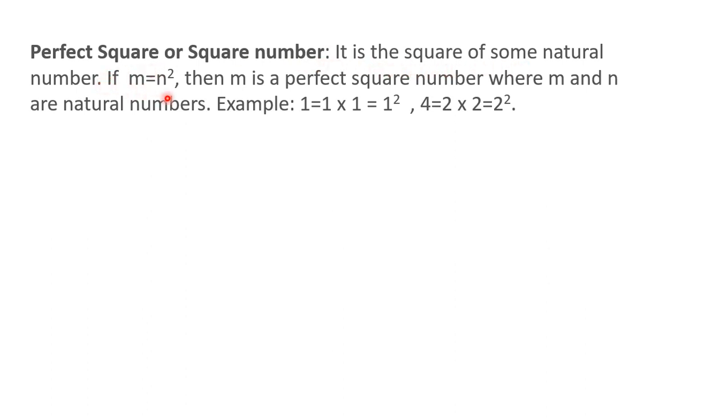If m is equal to n square, then m is known as a perfect square number, and m and n both are natural numbers. For example, you can observe here one more example, 49. If we write 49, it can be expressed as 7 into 7, so it is written as 7 square. So we can write 49 is equal to 7 square.